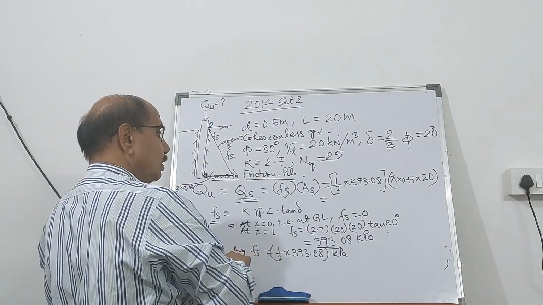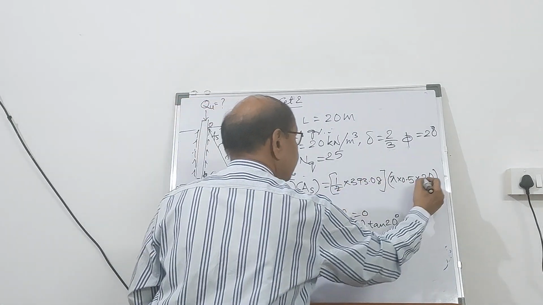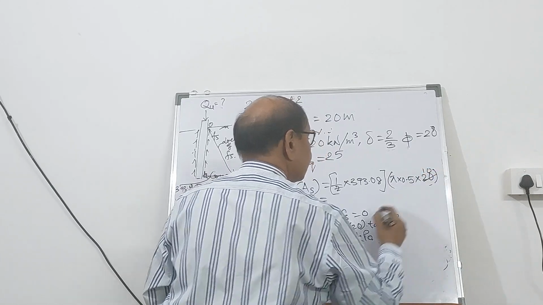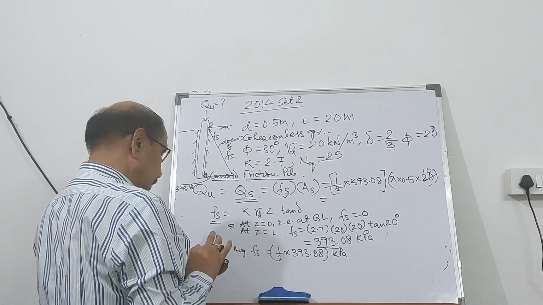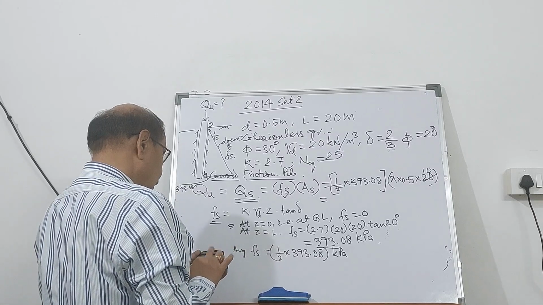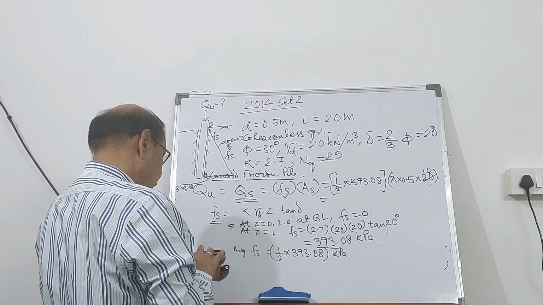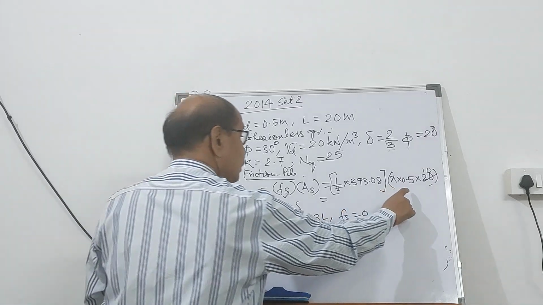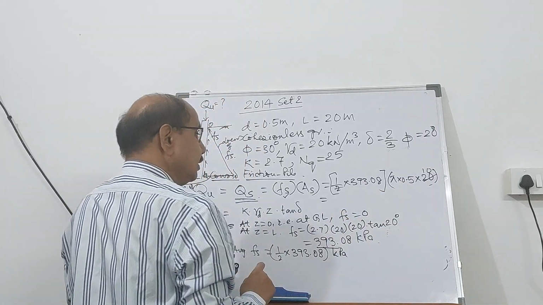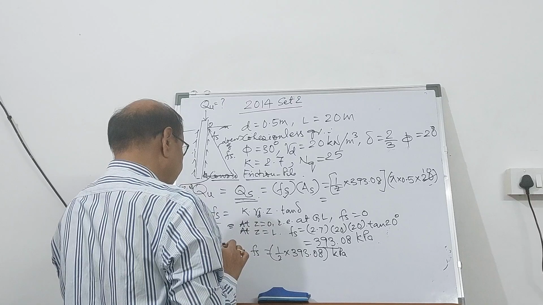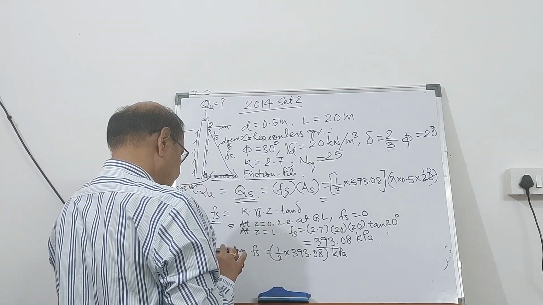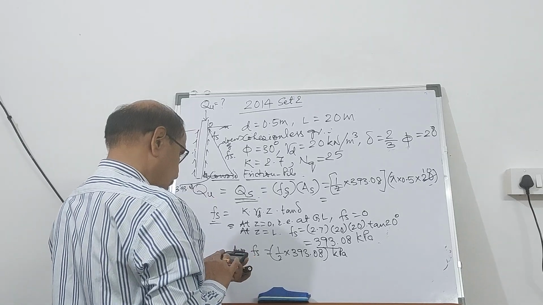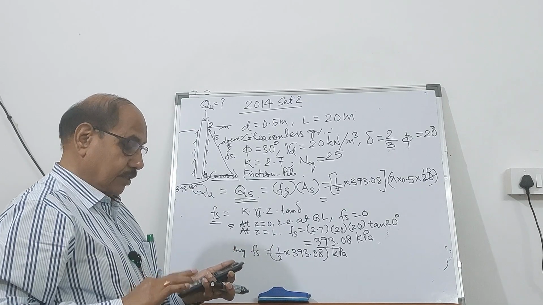So 2 into 10 becomes 5 pi, multiplied by 393.08.